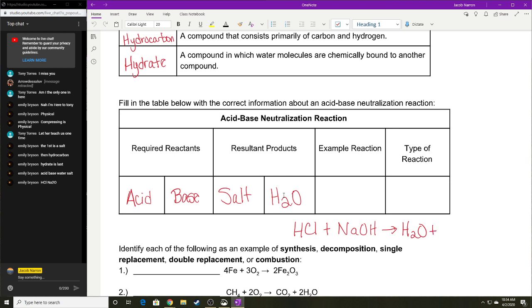Then sodium and chlorine come together, and when you swap and drop, you end up with NaCl, because they're positive 1 and negative 1 charges. There's your example. For the type of reaction, just write double replacement.